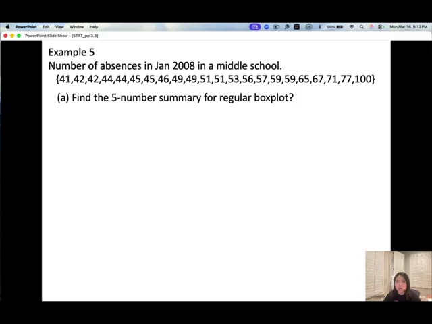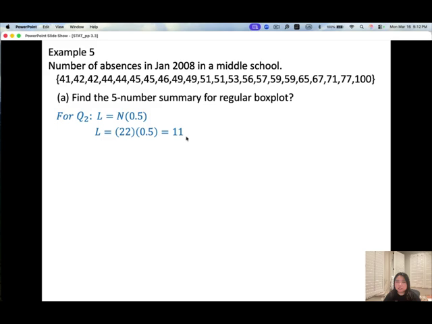I want you guys to try to use the formula to find the 5-number summary. So Q2, find the median. L equals N times 0.5. You have to count how many data are here. You should get 22.